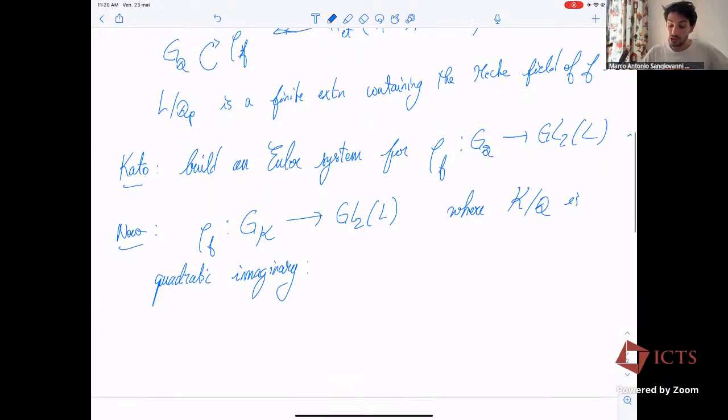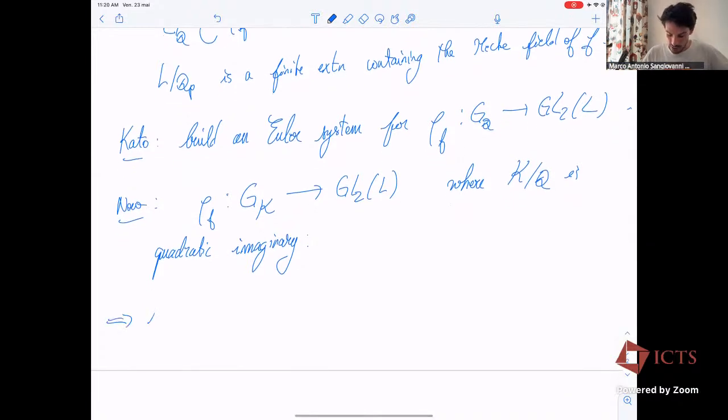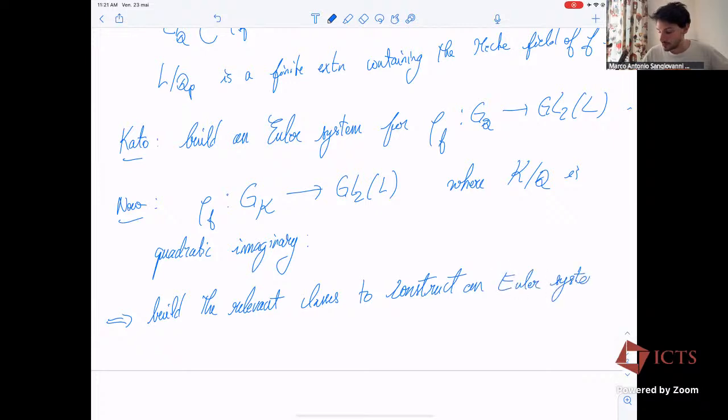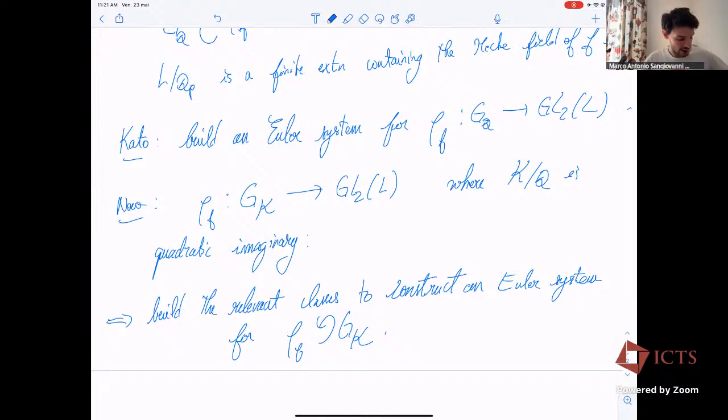So the point of this talk will be to build the relevant classes, to construct an Euler system for rho f, but seen as a Galois representation of the Galois group of K.